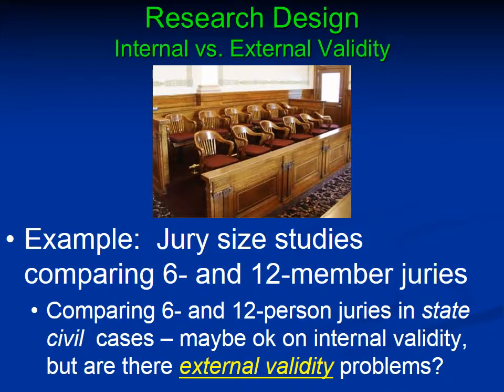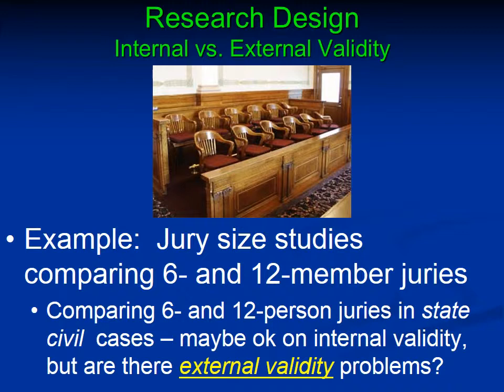Okay, well now, how about a study that uses all state cases? So we're choosing all state cases, so we're going to avoid that earlier problem of mixing state and federal cases. And we're going to look at 12-person versus 6-person juries in civil cases. And let's say we find definite differences in whatever functioning we're measuring. So far, so good.